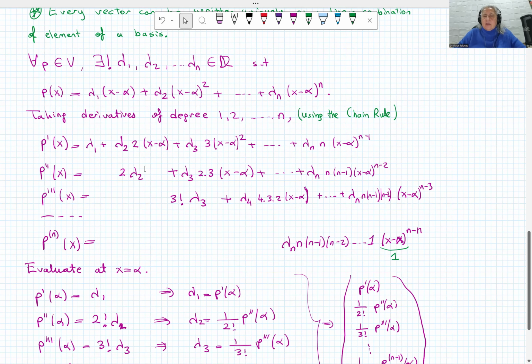The third derivative: this is constant, so 0, and the derivative of this will be 3 factorial lambda 3, since the derivative of this is just 1. Then you have another factor here, I've written it here, but you may not need it. So I have lambda 4 with 4 factorial, and a square term, whose derivative will be just x minus alpha. The derivative of this part will be n, lambda n, n minus 1, n minus 2 going down, and that will be minus 1.